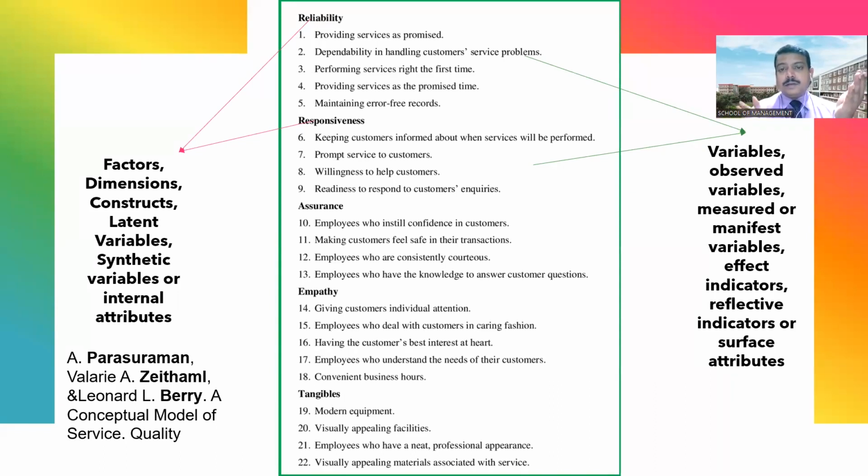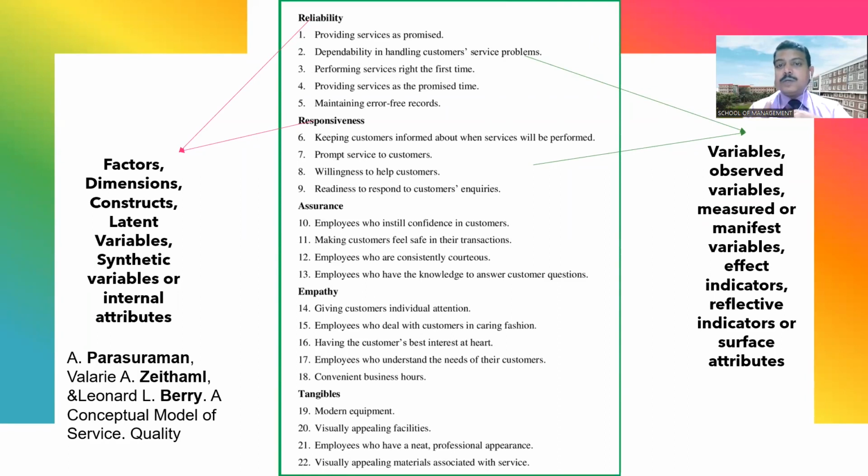After testing, they reduced the variables to 24 and identified 5 underlying factors, which they named reliability, responsiveness, assurance, empathy, and tangibles. So factor analysis also helps us reduce variables into a limited number of factors.